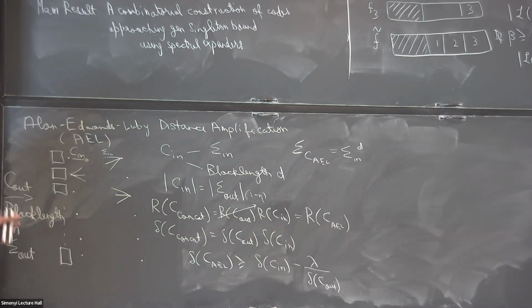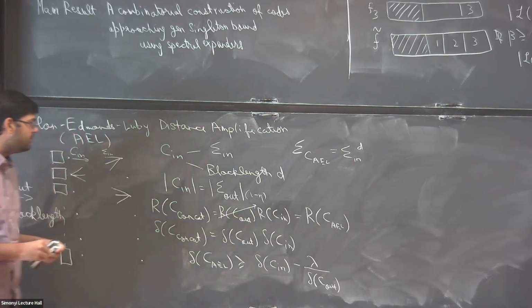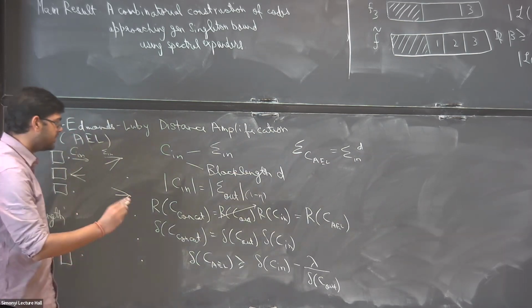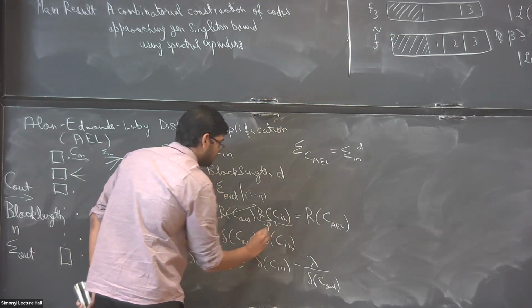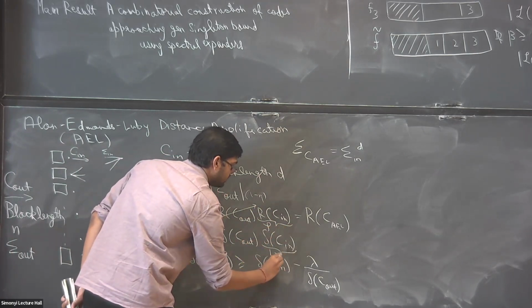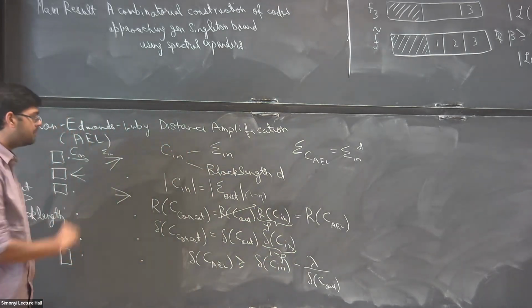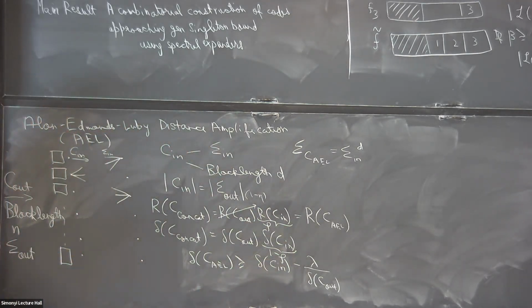Okay. So the way this AEL amplification is typically used is we choose the C_in to be either a Reed-Solomon code or a random linear code with near singleton bound like parameters. So it already has rate, maybe I shouldn't call it R given everything is R, let's say this was rho, and the distance could be taken to be 1 minus rho. And then we'll get something that is very close to rho versus 1 minus rho, as long as the outer code has some constant distance and high rate.